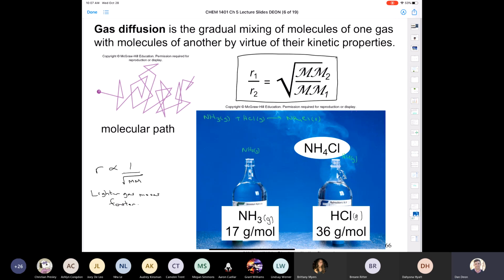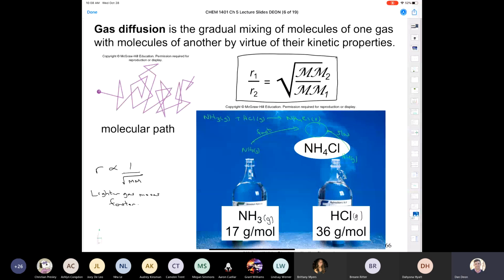Which one are you going to detect with your nose first, assuming just based off of gas diffusion laws? And I give you the molar masses of all the gases, assuming they're all at the same temperature. Whichever one is the lightest gas, that's the one you're going to detect with your nose first because it's going to travel faster. So the ammonia is traveling fast and the HCl is traveling slow.